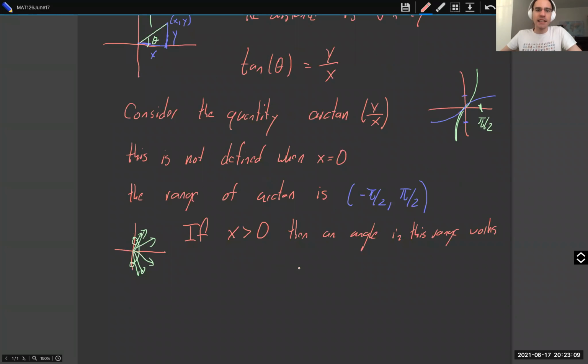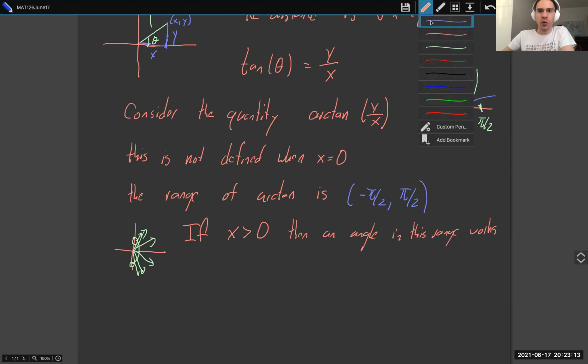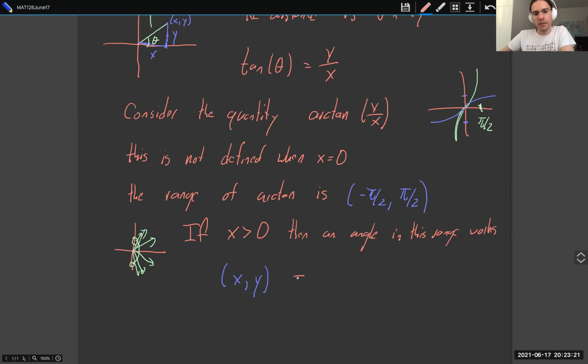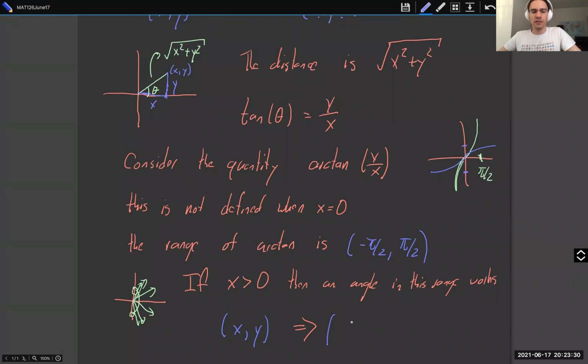And then I can say that if x is greater than 0, the coordinates x comma y become, what's my radius? What did we say the radius was? Is that the root x squared plus y squared?